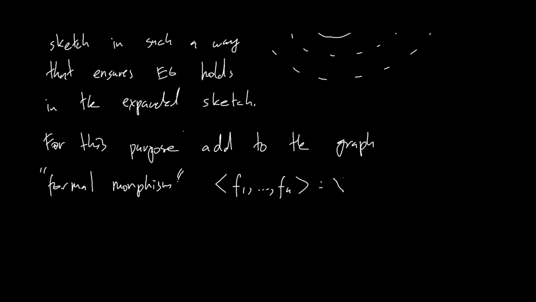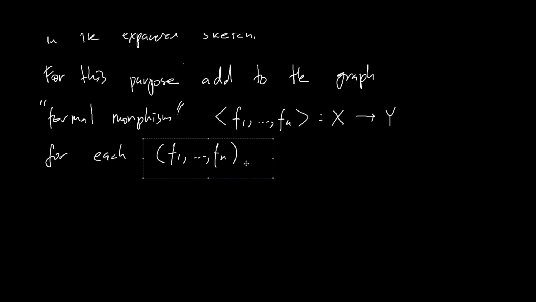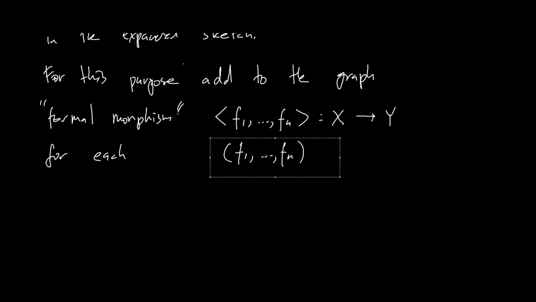That will be from x to y, and this will be one for each path f1 up to fn. So we want to do this for each path from x to y.